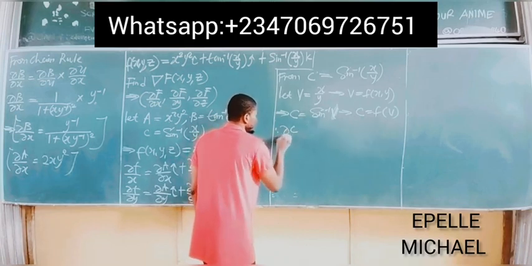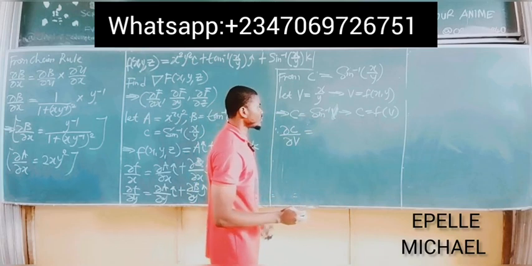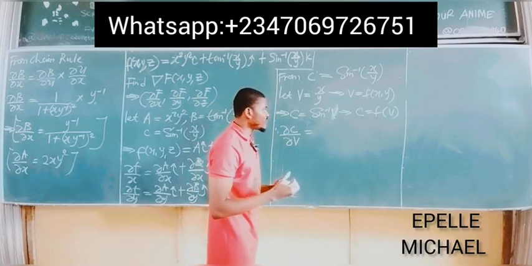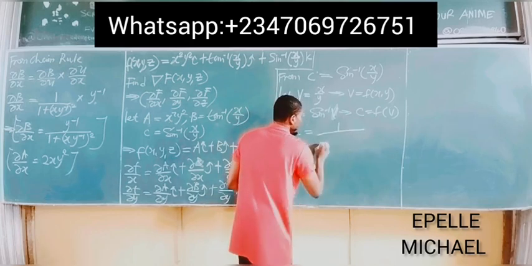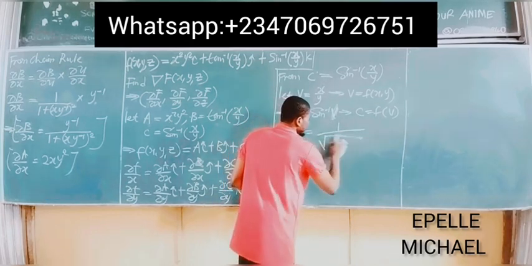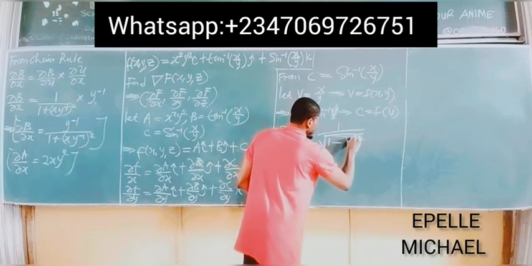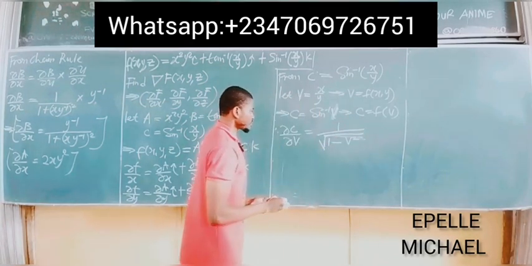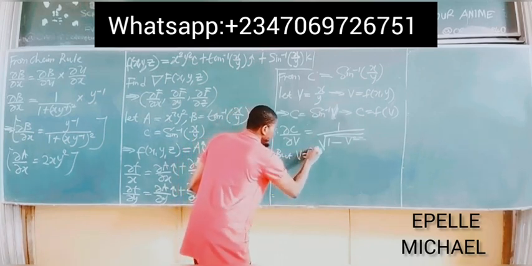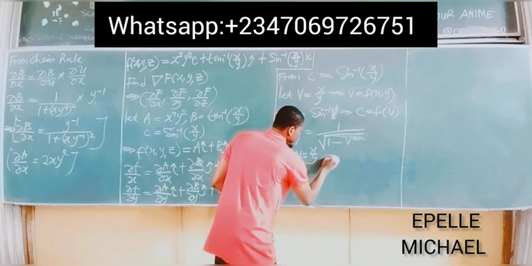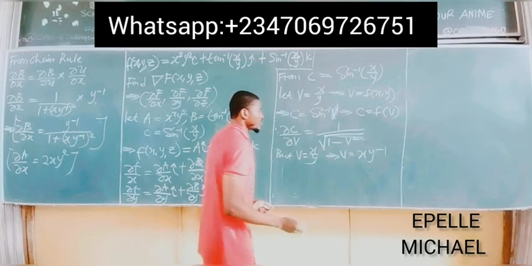Let's obtain partial c all over partial v. Differentiating c with respect to v, the derivative of an inverse trig function for sine is simply 1 all over the square root of 1 minus v squared. So you have this. But v is actually x all over y, which can also be written that v is equal to x y to the power of minus 1.